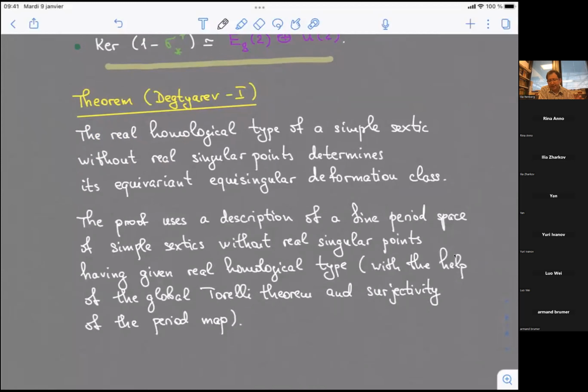well, in any case, the real point set of a real sextic divides RP2 into halves. So if you choose a polynomial defining your real sextic, then this polynomial is 0 on your sextic, is somewhere positive and somewhere negative.